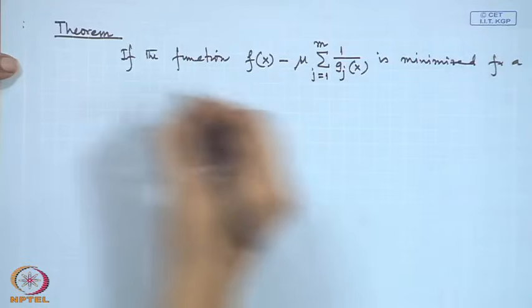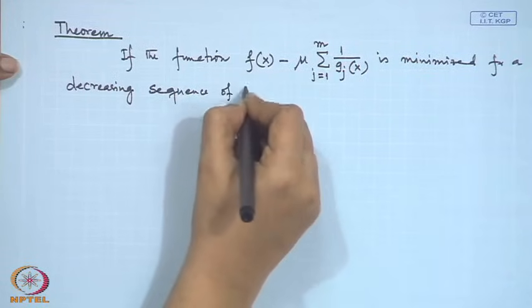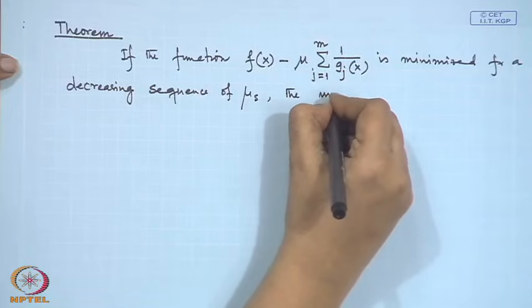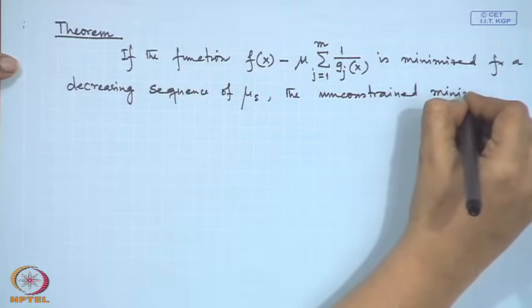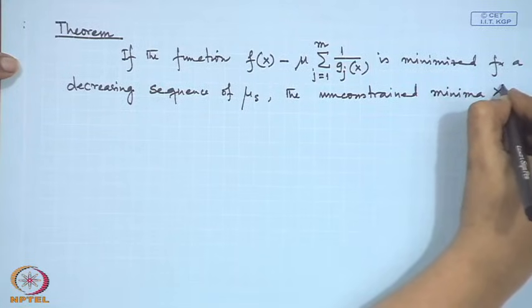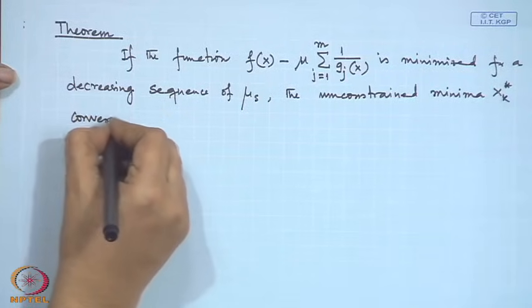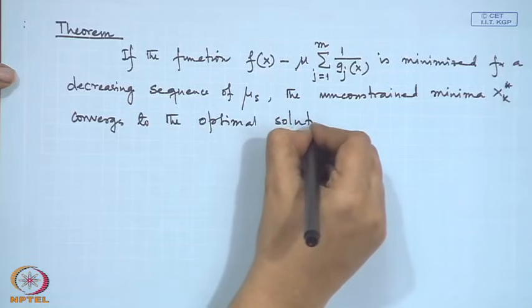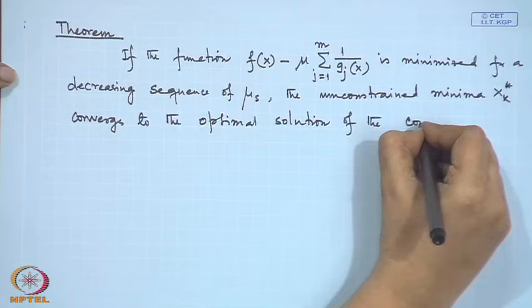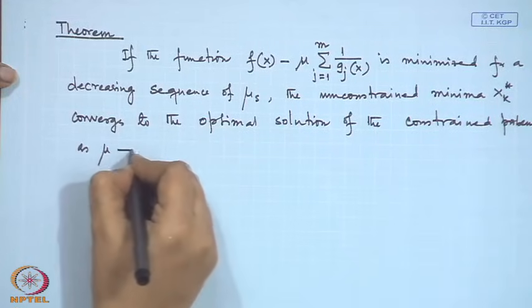This is minimized for a decreasing sequence of mu's, and the unconstrained minima for every mu, if we consider the iteration k starting from 1, then for every k we are getting one optimal unconstrained minimum, converges to the optimal solution of the original problem, as mu tends to 0.